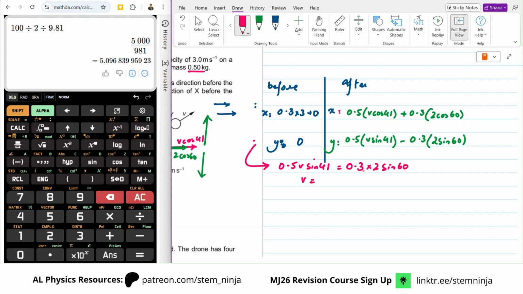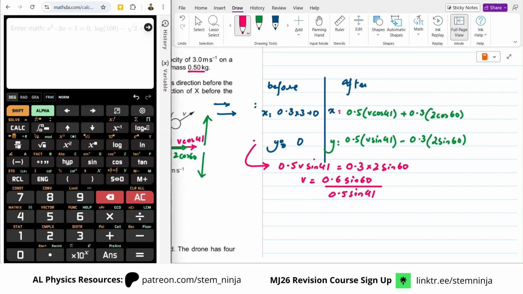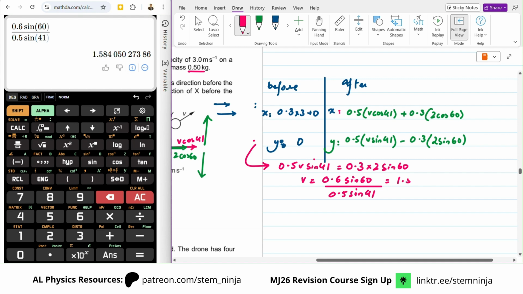So v would be 0.3 times 2, which is 0.6 sin 60, divided by 0.5 sin 41. So 0.6 sin 60 over 0.5 sin 41 is 1.584. Let's see whether we get the same thing in the other one also.